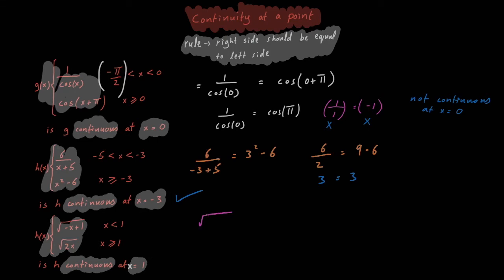So on one side we'll have -1 plus 1 and on the other side we'll have 2 into 1 under root. So -1 plus 1 is simply 0 and on the other side under root 2 is not 0. So the left side is not equal to the right side and we can say that it is not continuous at 1.